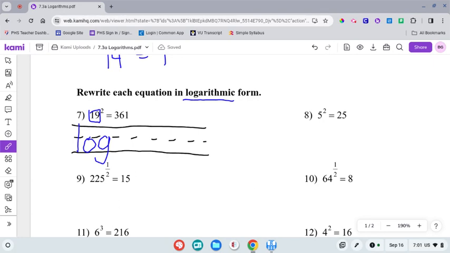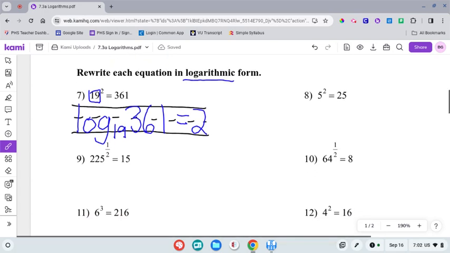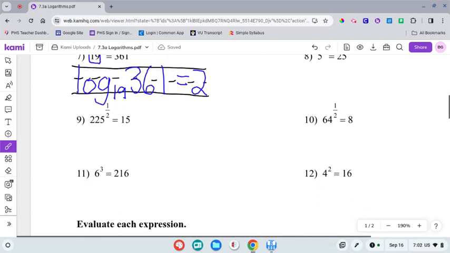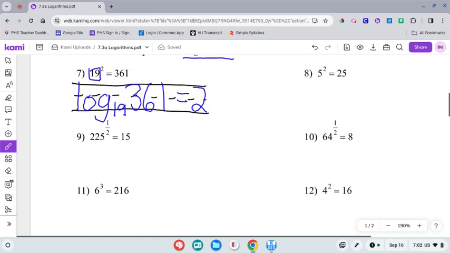Log, and then your base 19, a subscript, so it's lower and a little bit smaller like that. And it's going to equal the exponent, 2. Log base 19 of 361 equals 2. Try really hard to write with that sizing, using a subscript 19. Everything else is just regular size.